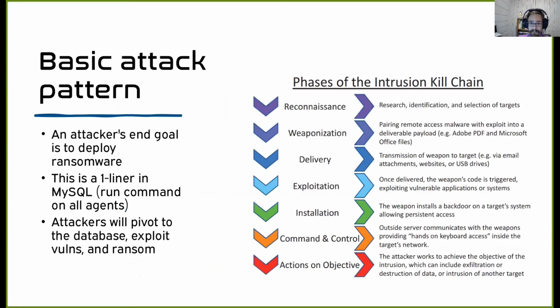We're making the assumption that an attacker has made his way in and is trying to attack the Automate server. Working backwards from the end, the attacker these days almost always is trying to deploy ransomware, and the fastest and easiest way to do that is straight through the Automate database.